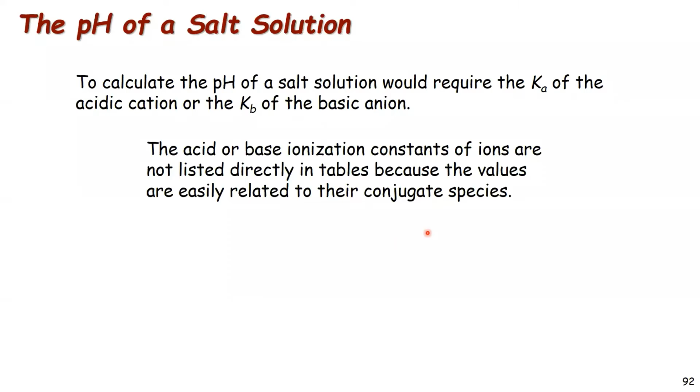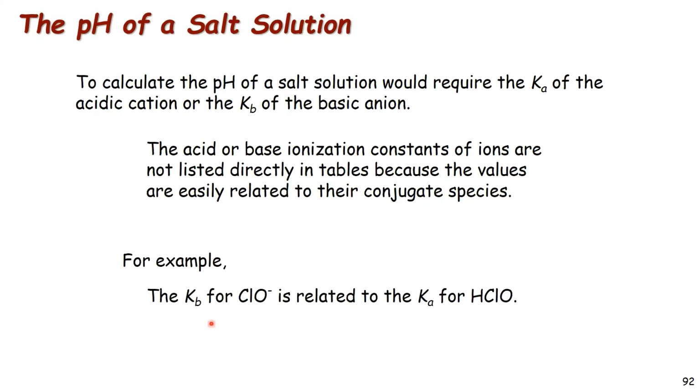And that's because we're going to be able to easily relate the Ka and Kb of a conjugate acid-base pair. So for example, the Kb for the hypochlorite ion is going to be related to the Ka for hypochlorous acid. Again, note that this is a conjugate acid-base pair. The only difference between a conjugate acid-base pair is H+, right?